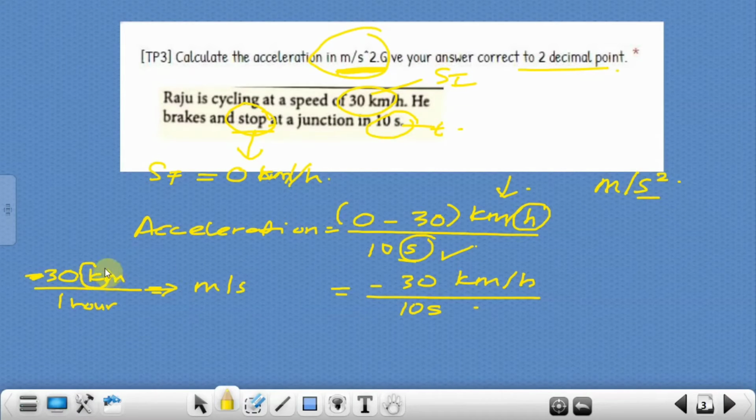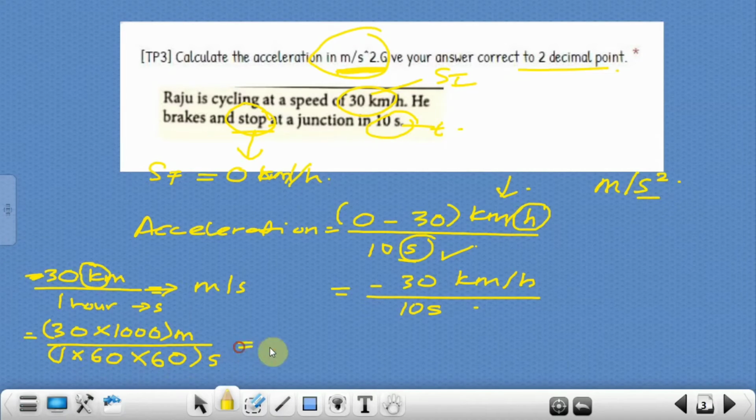First of all, we must get rid of the k. 1 kilo is equal to 1000, so 30 times 1000 gives us meters. Then this hour we want to change to seconds. 1 hour has 60 minutes and 60 seconds, so this will bring us to the value in seconds.